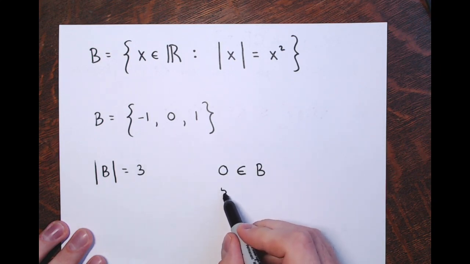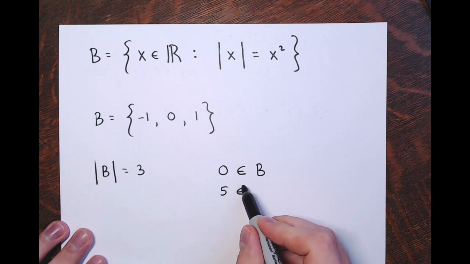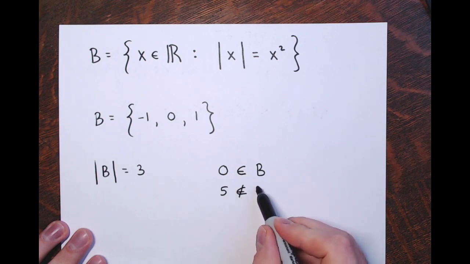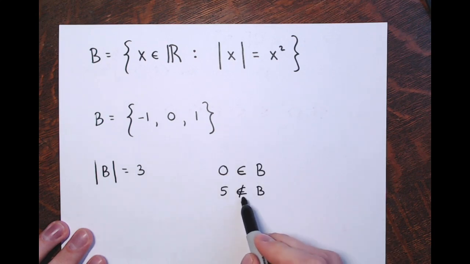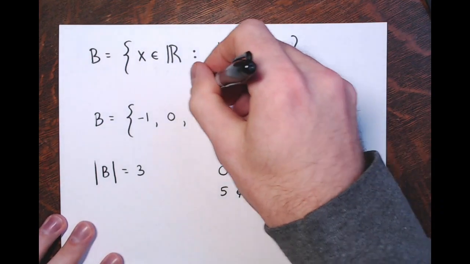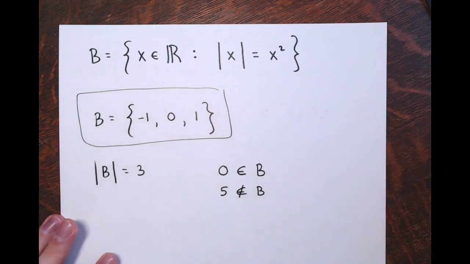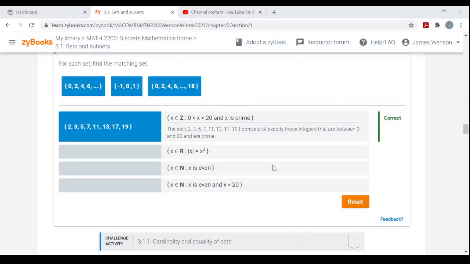But the number 5 does not. There's lots of elements that do not belong to set B. Is not an element of symbol. Right, but again, this is what they wanted right here. Right, so back to this. That's this set here. Right. So putting that there.